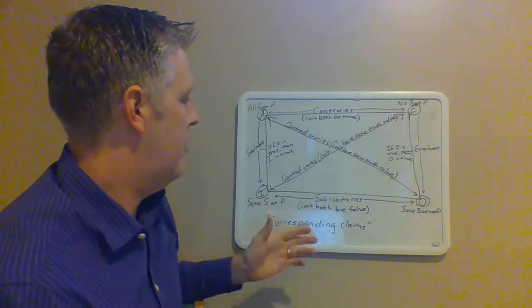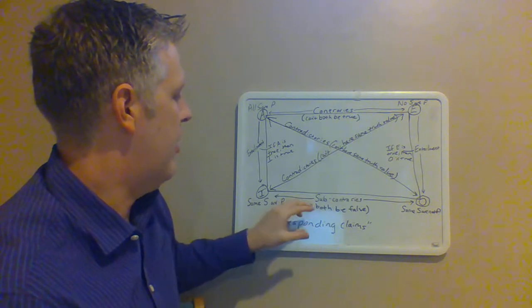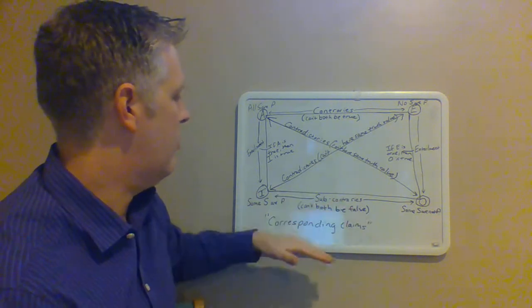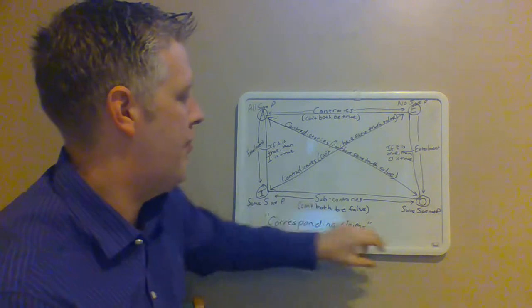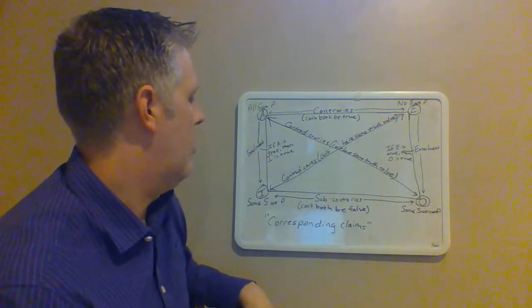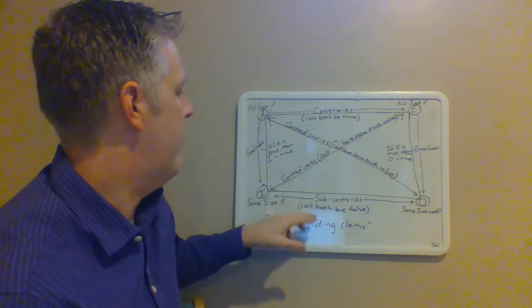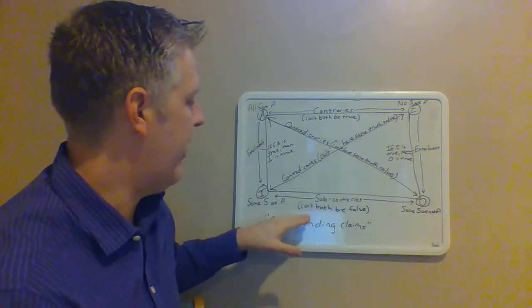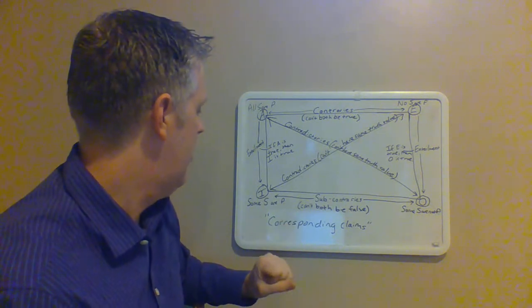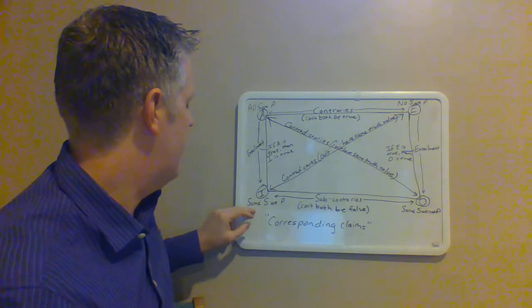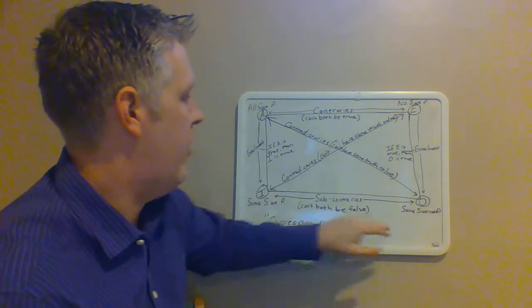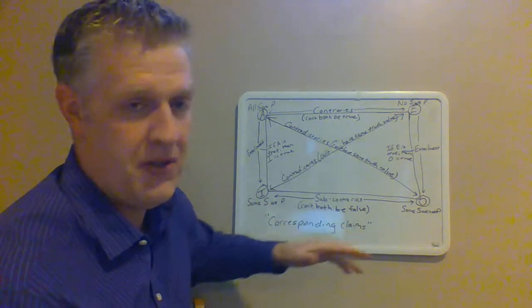A similar sort of thing applies with respect to what are known as the sub-contraries. Here we're dealing with an I standard form claim and an O standard form claim. And here, instead of them not being able to both be true, they can't both be false. So if it's false that some snakes are poisonous snakes, then it can't also be false that some snakes are not poisonous snakes.